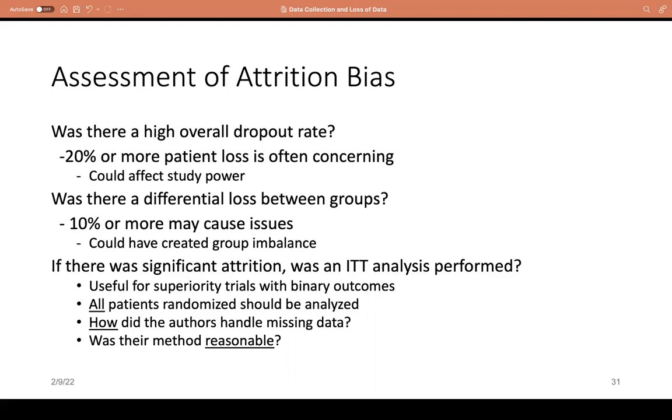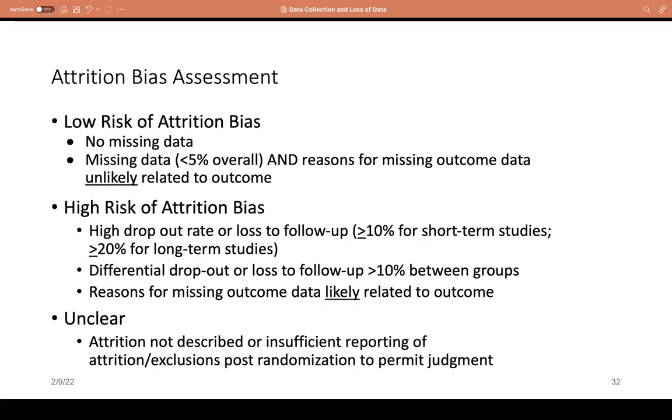Again, this is primarily for the superiority trials with binary outcomes. All randomized patients should be analyzed. Do they talk about how they handled missingness and their imputation strategy, and do you agree with their methods? All this should be explained.